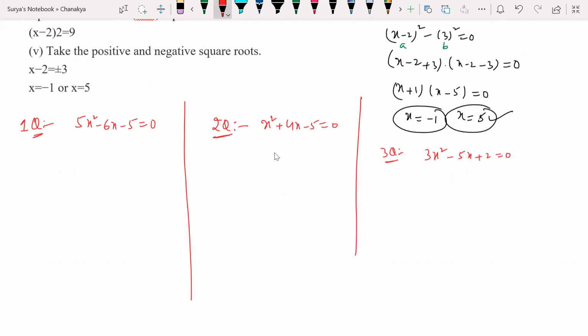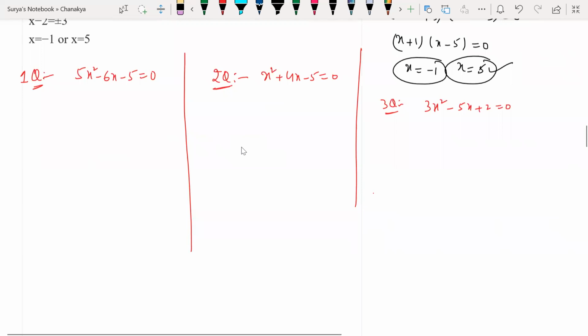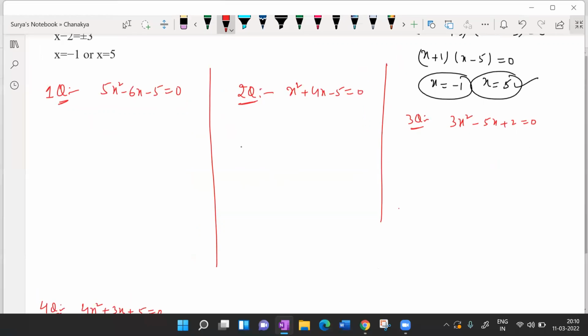I'm not going to give you much time, only 1 minute. Don't write neatly, just rough calculation. Only the first question. How many have you done?